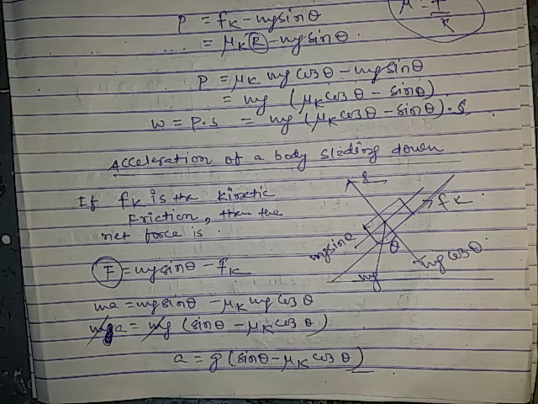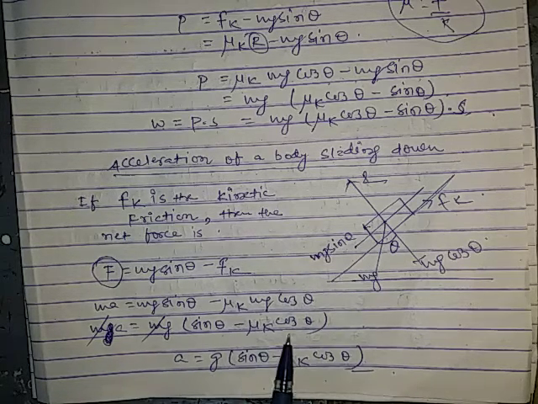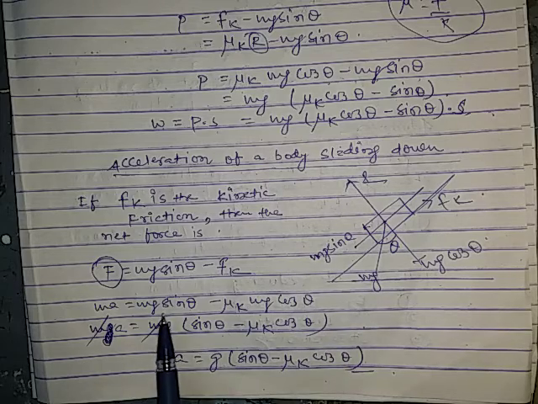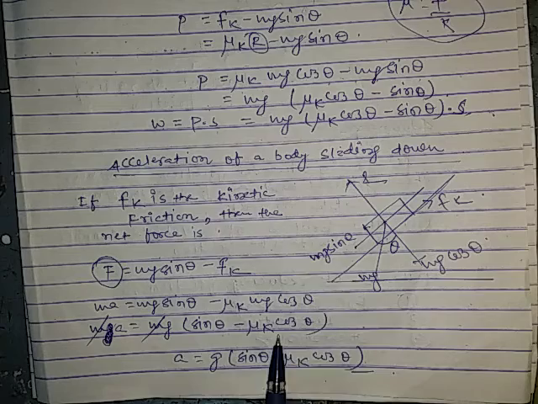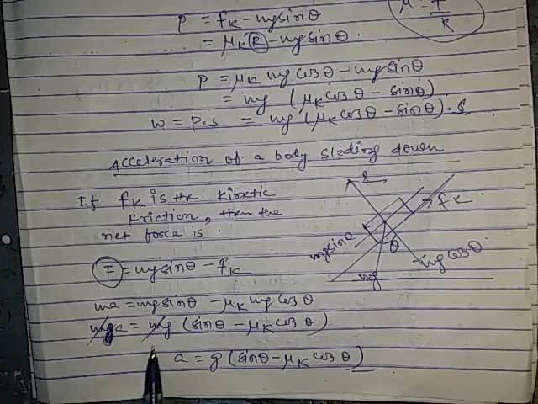So in place of Fk we directly put mu k mg cos theta. F is equal to ma, which is mg times sin theta minus mu k cos theta.